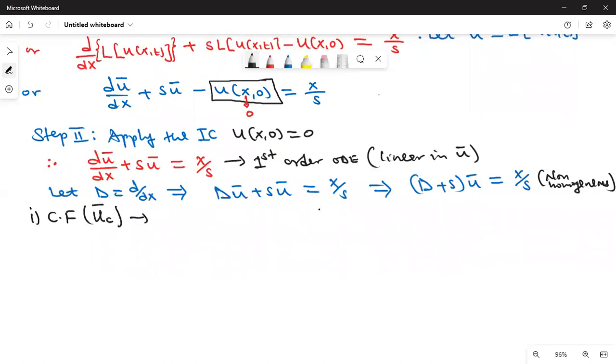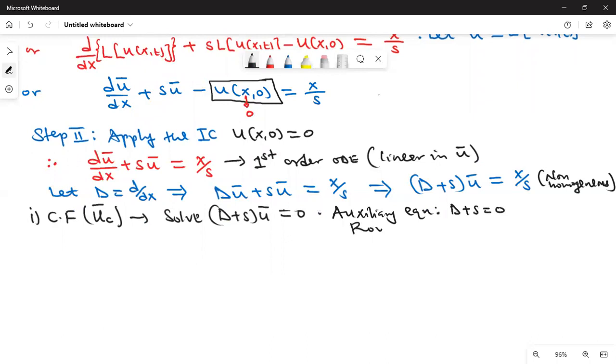The first solution is the complementary function, which we are calling u bar c. How do you find it? You solve the homogeneous part, that is D plus s operating on u bar to give us 0. So from here, our auxiliary equation is D plus s is equal to 0.